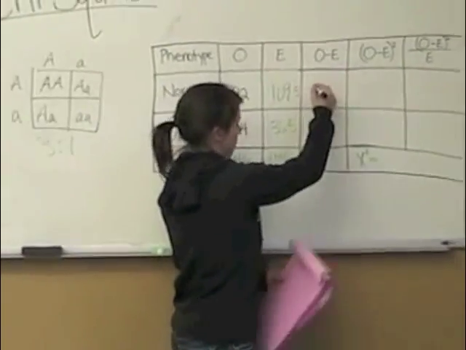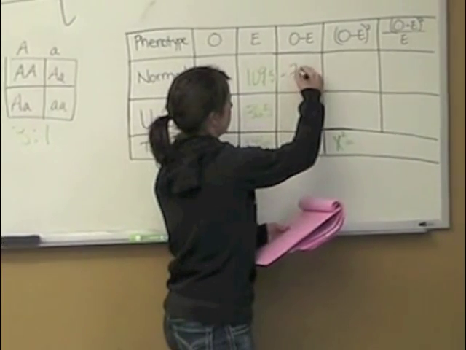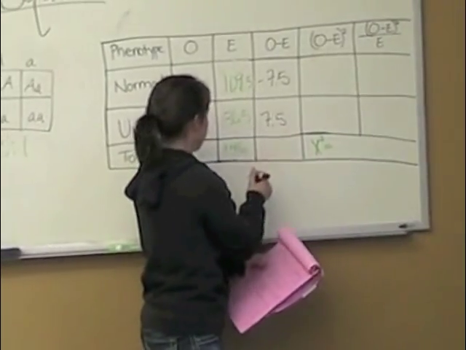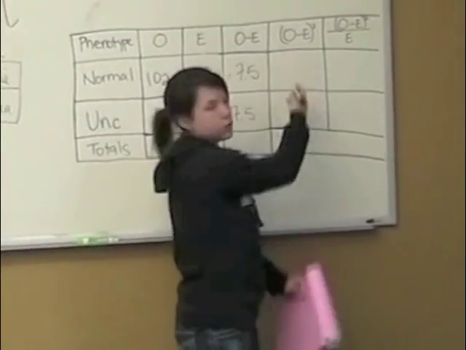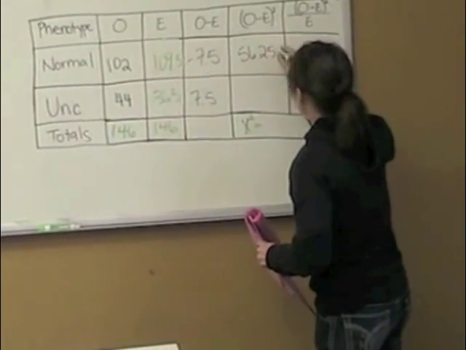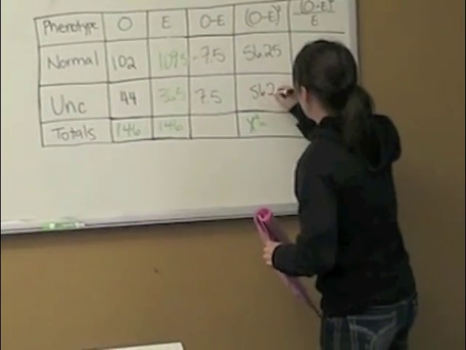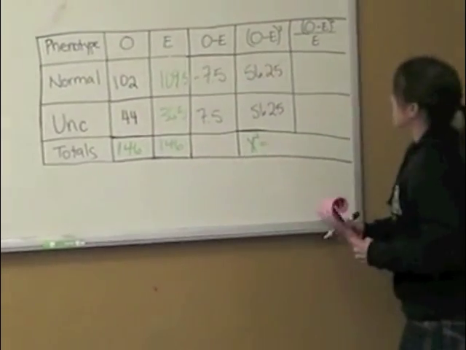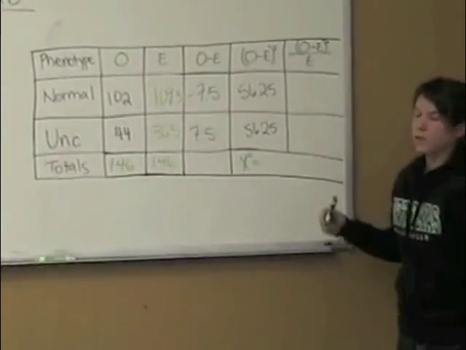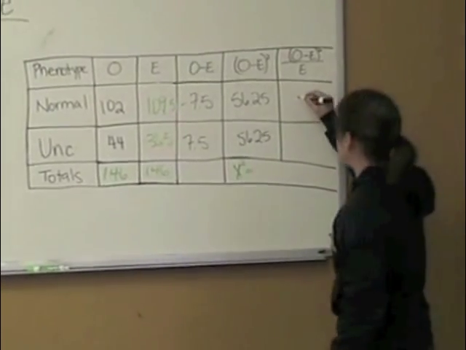We subtract E from O. And then we square the values. So then we take our square value and we divide it by our expected value.